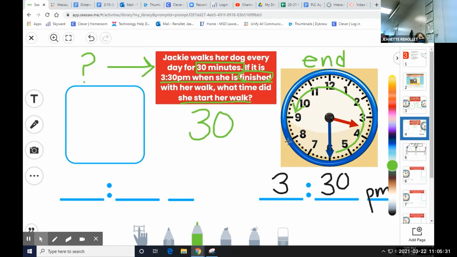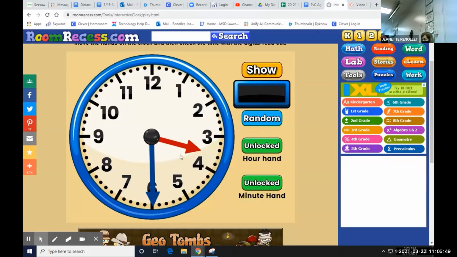This is called counterclockwise. If we subtract 30 minutes from 3:30 p.m., what time did she start her walk? Let's look on the clock together to prove our work.